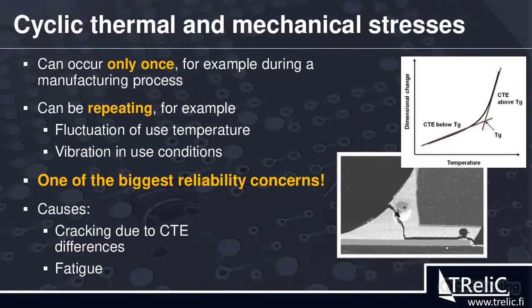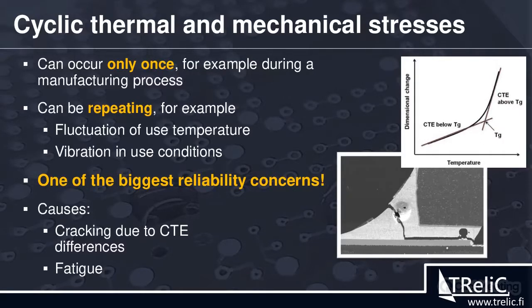And basically what it causes is that all materials have different expansions due to temperature, so thermal expansions. And then when we have fluctuation, some materials expand a lot more than the others, and this causes internal stresses to the device or product, whatever we have.